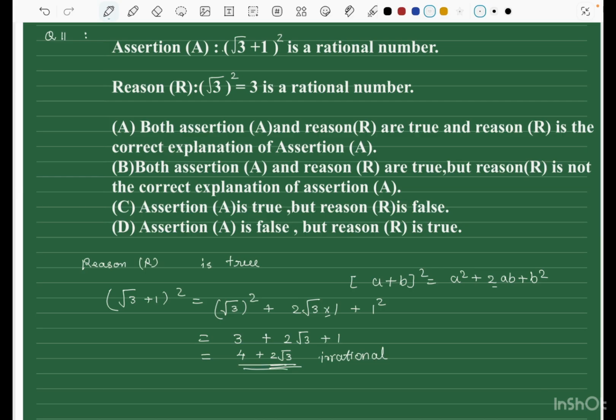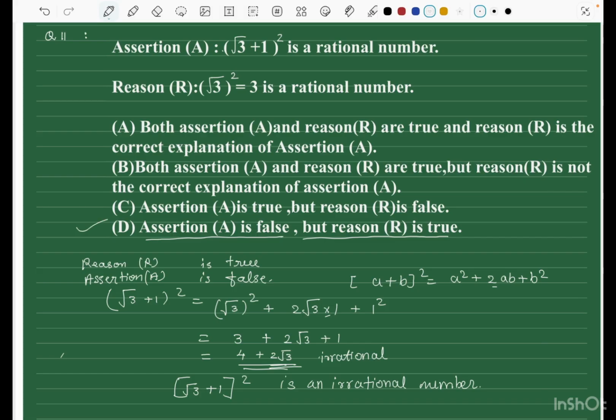Therefore, 4 plus 2 root 3 is irrational. Therefore, we can conclude that root 3 plus 1 all square is an irrational number. So the assertion A is false. So the correct option is: assertion A is false, but reason R is true.